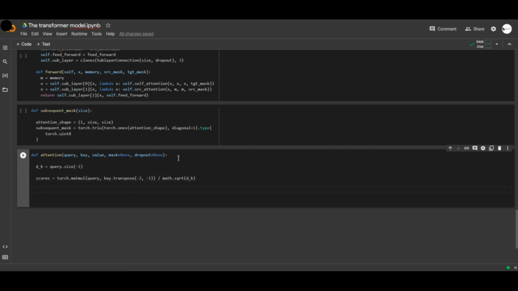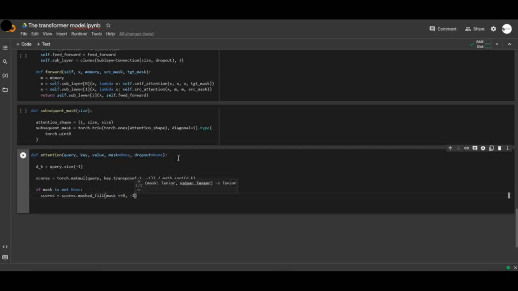So mask sometimes is optional, okay? Sometimes it can be given, sometimes not. But if mask is not none, right? So we need to apply the mask to the scores. So we're gonna say scores equals scores dot masked_fill, mask equals to 0, then we're gonna say -1e9. So, I'm gonna repeat this.